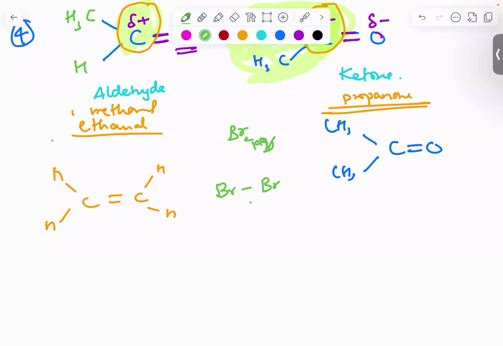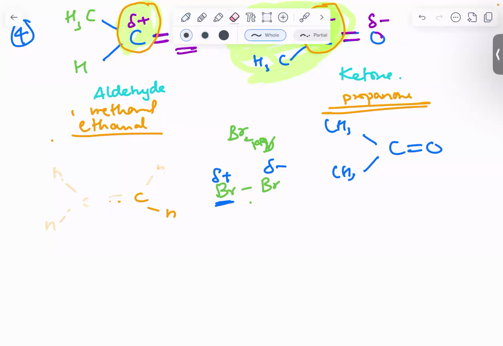Now, bromine knows that if it stays non-polar, then alkene will not give it the electron. So what does it do? It makes this side partial positive, especially this side, and this side partial negative. Now alkene will say, oh, it is deficient of electron.